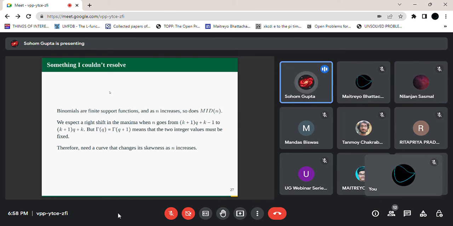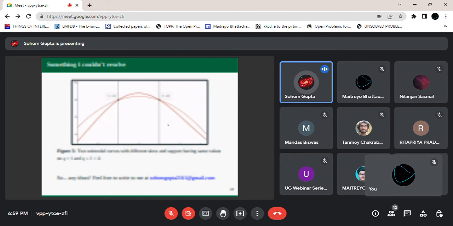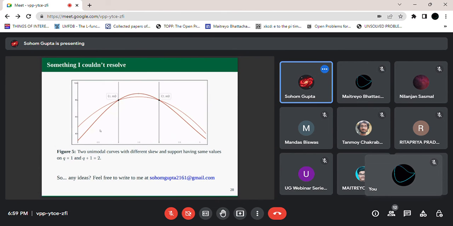Say if this was like this, then the next function, which is right shifted, has to have a steeper slope down instead of a gentler slope. This can be visually seen in these two different things. I can clearly see that this function has a larger support than this function. Obviously, these two are not curves that I have found. These are two very different curves optimized to hold the same value. So the problem is still an open problem.